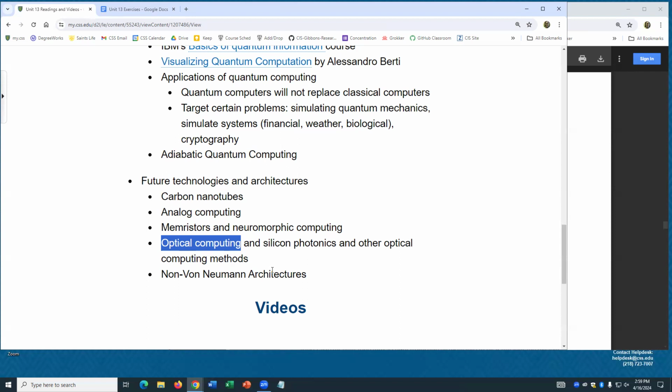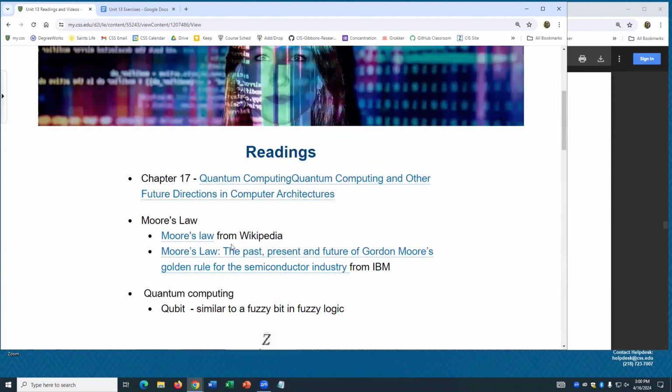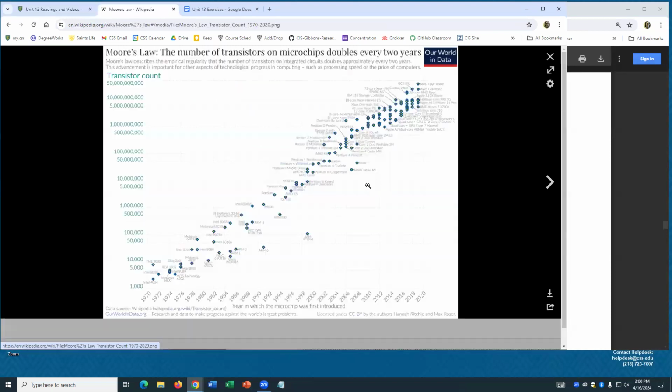The question on all of these is, can we ramp them up? One of the problems right now is that silicon is so far ahead, and the digital computer is so far ahead, and we've spent so much time on it, that it's going to take a lot of work for any of these other technologies to catch up. One way we may see it catch up is if Moore's law eventually slows down.